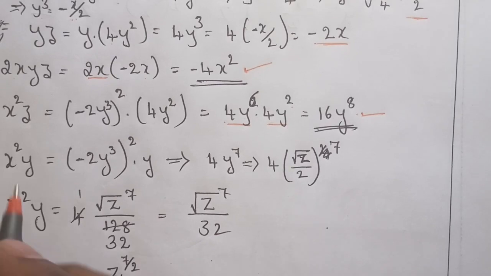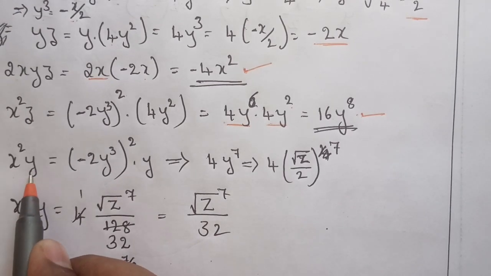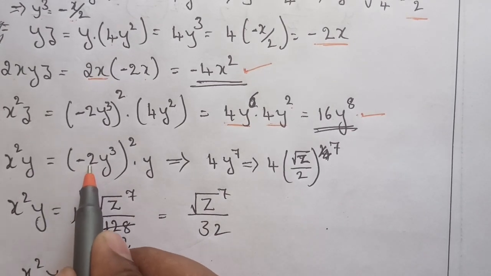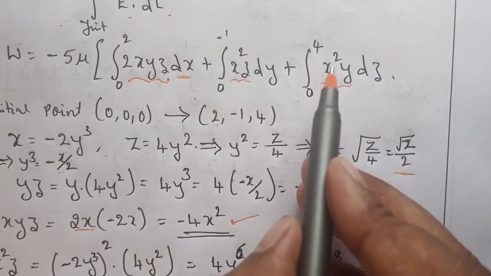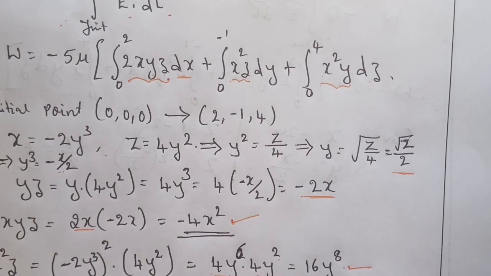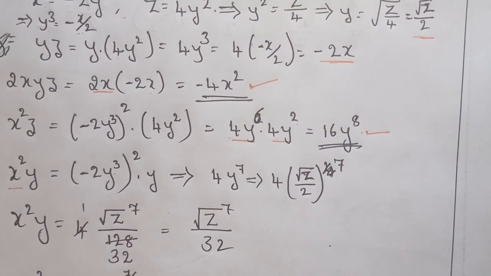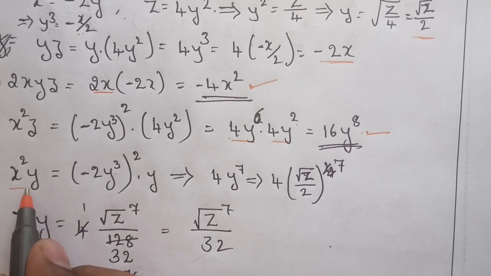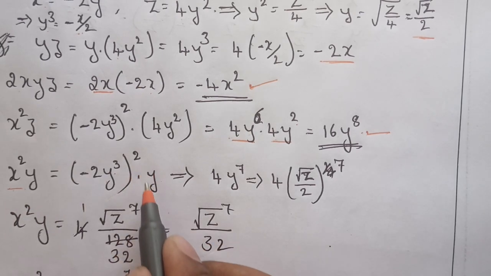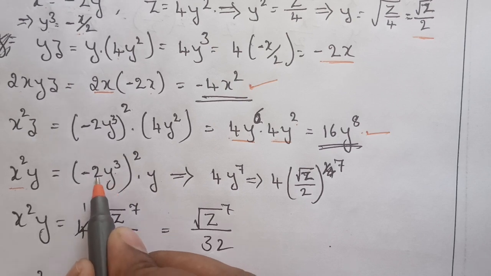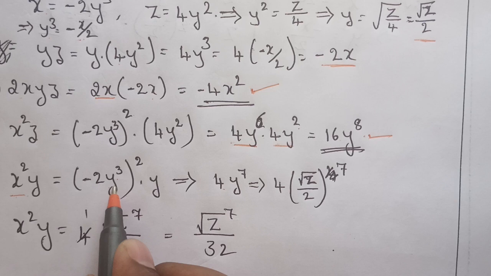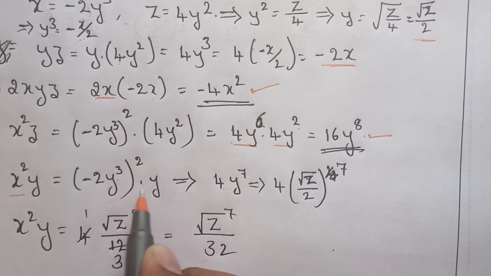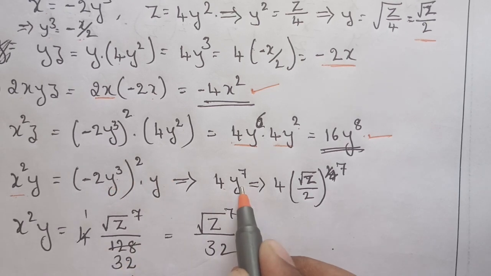Similarly, coming to the third term, we have x square into y. What is x? Again, we know it is minus 2y cube whole square, into y. But now I want to represent this term with respect to z. Therefore, I write x square y as minus 2y cube whole square into y. Now this becomes 2 square is 4 and minus square is plus. So you get y power 6 into y power 1, y power 7.